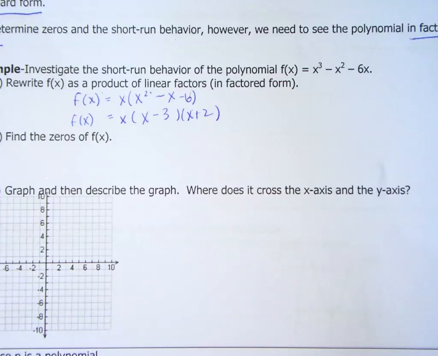All right, and then the third part is asking us to graph and then to describe the graph. It will also ask us where it crosses the x and y axis. So to graph a polynomial, we're not going to be super accurate, but we are going to be accurate in where we plot those zeros. So along the x-axis, I know I have a zero at 0, and then at 3, and then at -2.